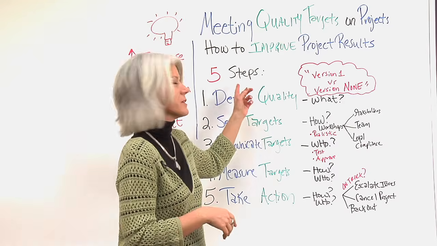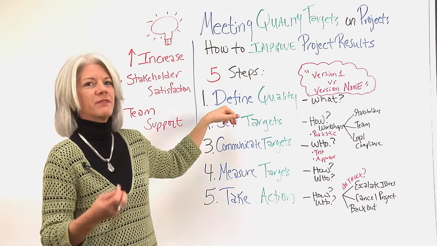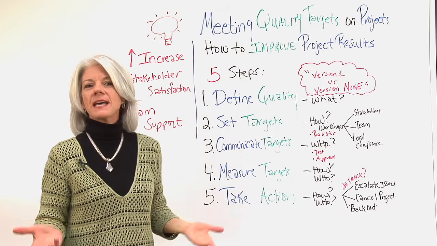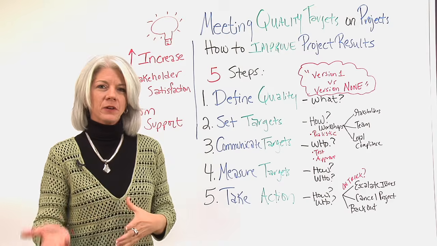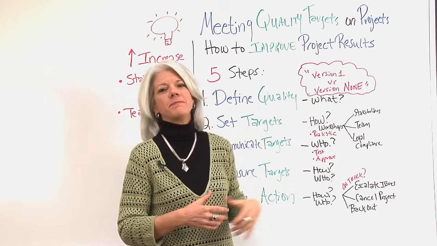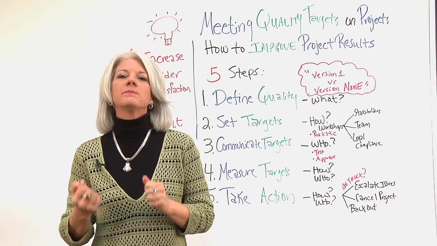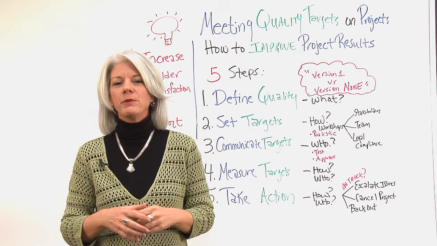So first of all, we think there are 5 steps to incorporate into our plans. Number 1, we want to define the quality. What does that really mean? What does the quality on our project mean? I have a mentor that says version 1 is better than version none. So in some cases, it's better to get things to market before they're perfect.